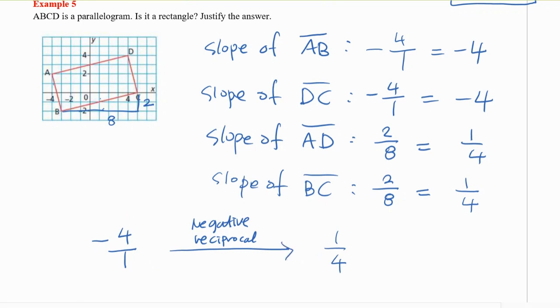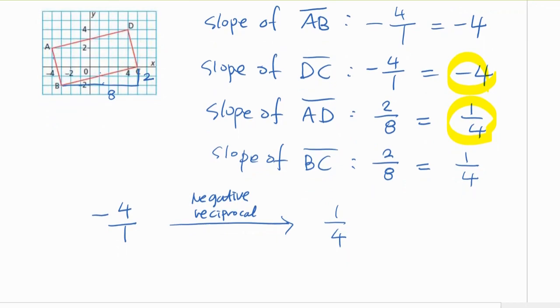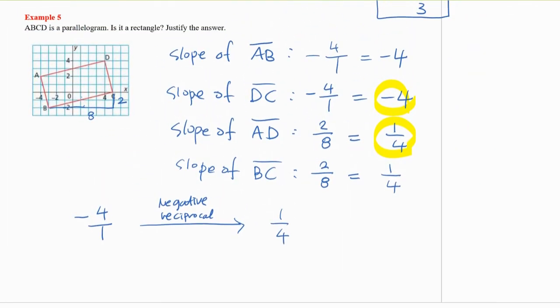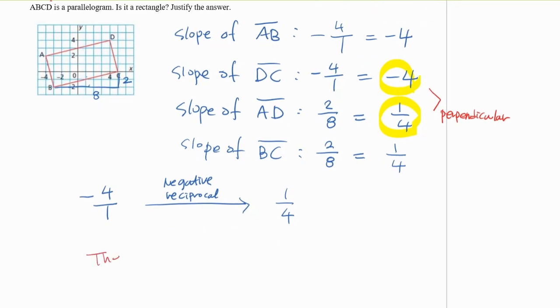So therefore, they are negative reciprocals, and therefore they are perpendicular. Therefore, it is a rectangle. So it is also a rectangle.